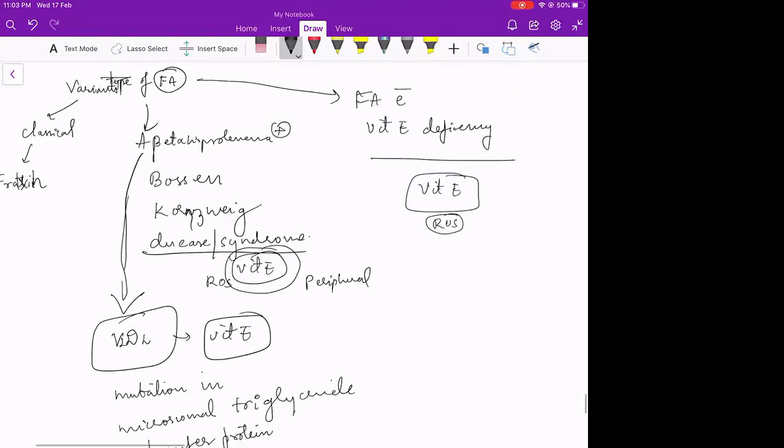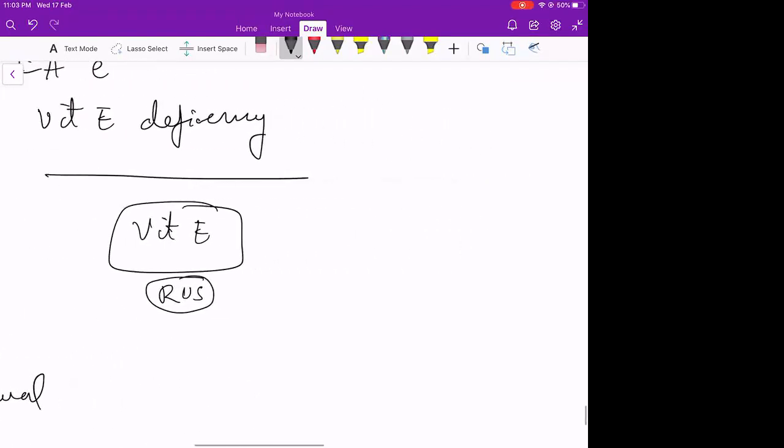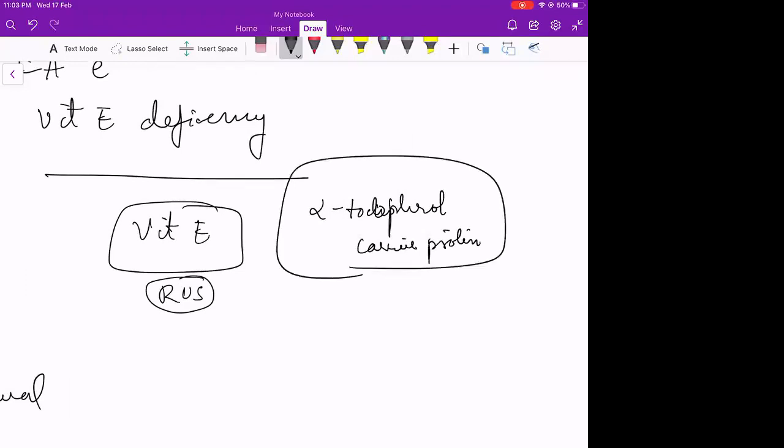In Friedreich's ataxia with vitamin E deficiency, particularly the alpha tocopherol transfer protein is affected. So there is an inability of vitamin E to bind to the VLDL.